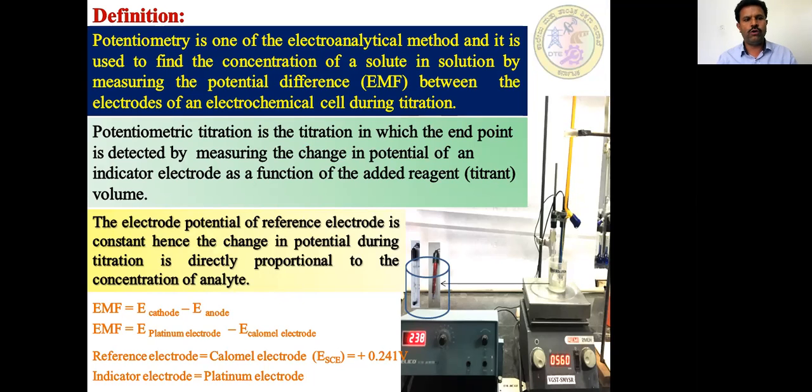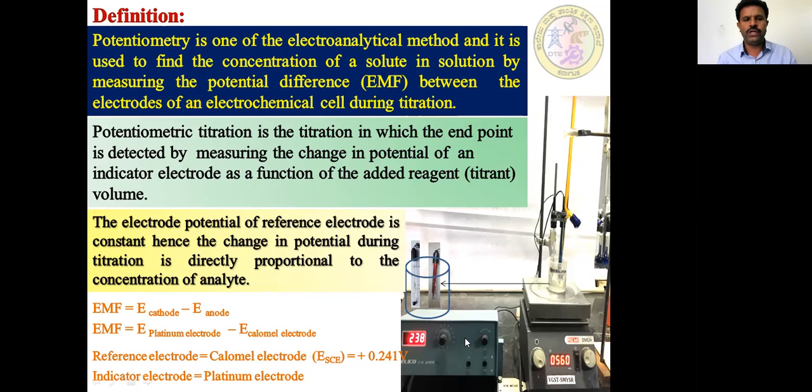Hence, the potentiometric titration is the titration in which the end point is detected by measuring the change in potential of an indicator electrode as a function of the added reagent volume.